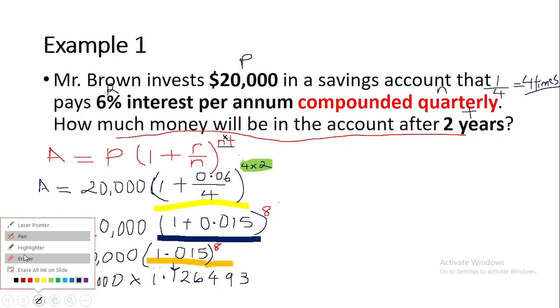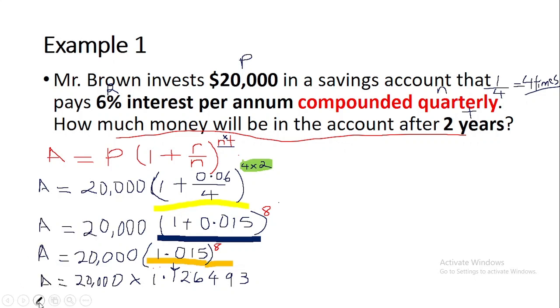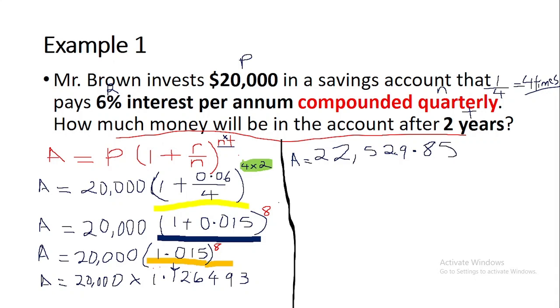So I'm going to be doing it right now. I'm going to round this to the second decimal place, and other digits come afterwards, but I'm just going to round it to the second decimal place. So this is going to be my final answer, and please remember to add your dollar sign.